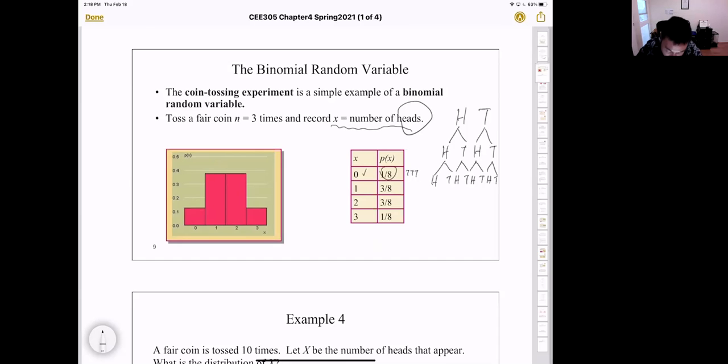For one head, it could be head, tail, tail, or tail, head, tail, and so on. You can do the count, and the probability is 3/8. So based on the counting method, we can get the probability mass function for this experiment.